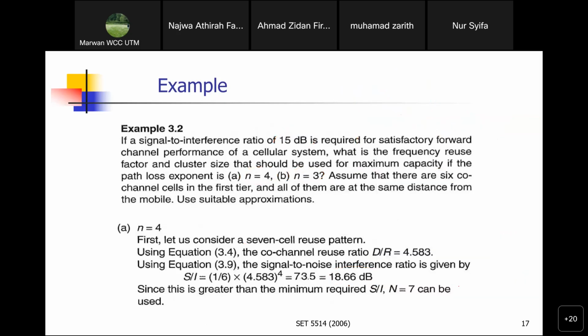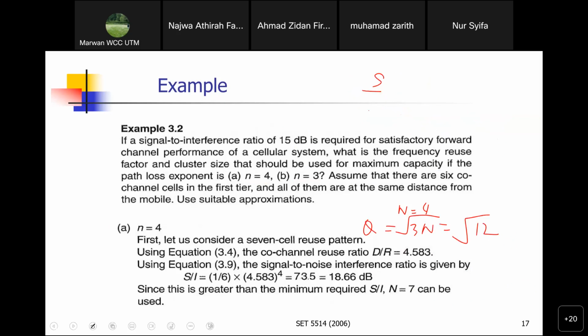So let's try to look at cluster 4, with n equals 4. That is the next smallest cluster size before 7. Then you get 3N, which is 12. Can you try to get the S over I?